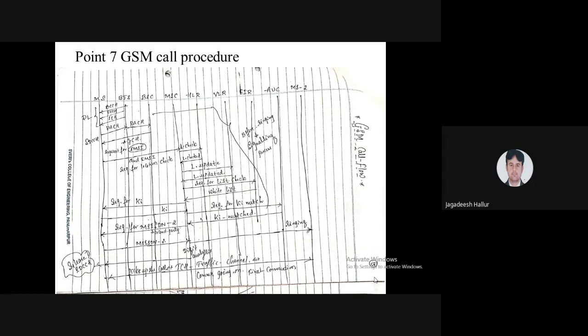Those channels are BCCH, the broadcast control channel, second FCCH, the frequency correction channel, and the third is the synchronization channel. Without these three channels, we can't access the network or any of the signals. So the BTS always accesses your mobile station in the downlink with the three channels, BCCH, FCCH, and SCH, the synchronization channel.